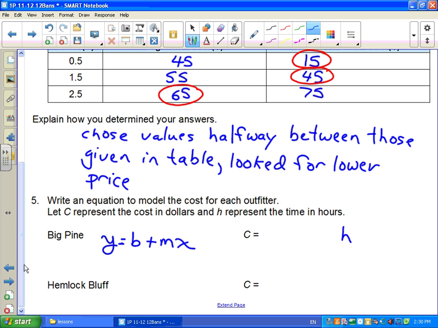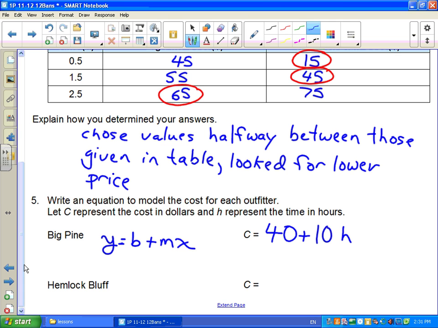So what's the number that's going to stay constant here, that we're going to have to pay no matter what for Big Pine? Which was how much? It was $40. There's that $40 rental cost plus how much does he pay each hour for Big Pine? $10 an hour. So it's $40 plus $10 times the number of hours.